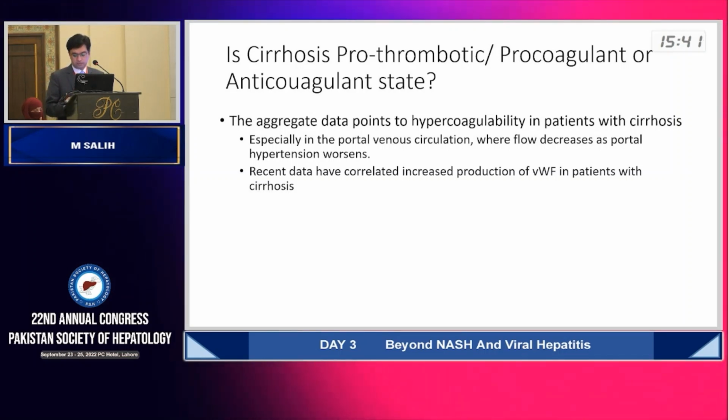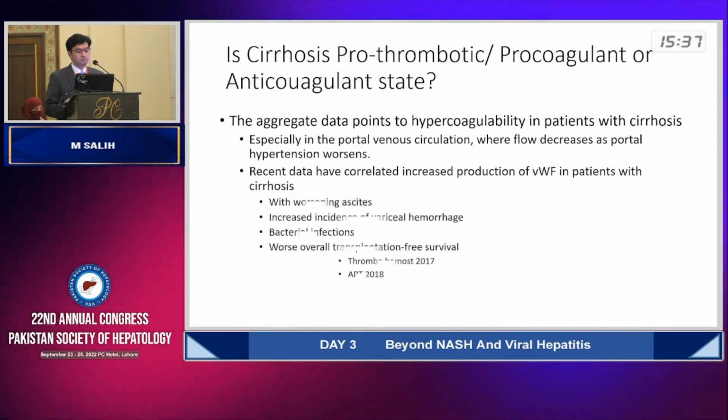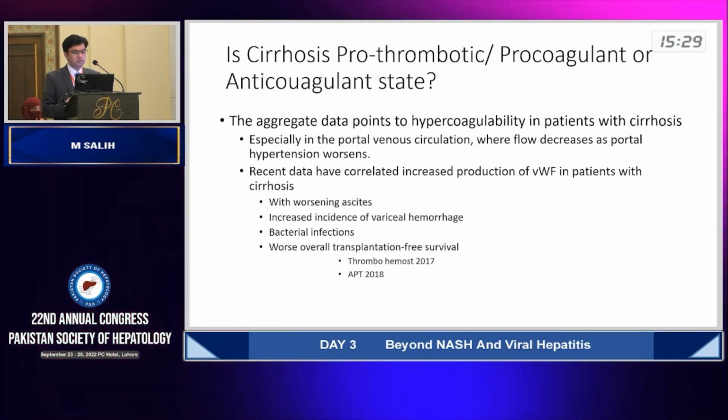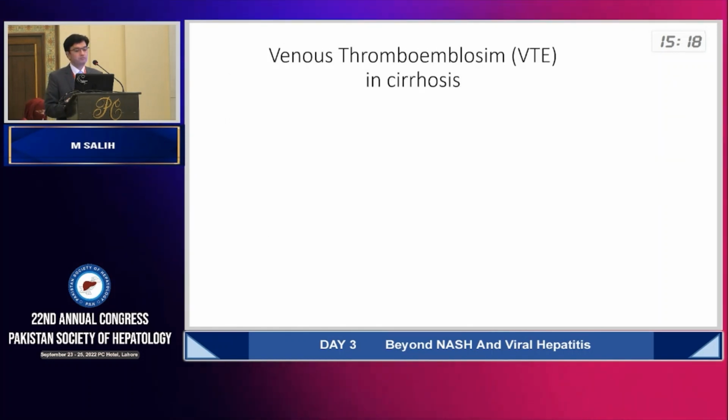In cirrhotic patients the endothelial-related factors are increased, more so when the portal hypertension worsens, as we see in worsening ascites, increased incidence of variceal hemorrhage or bacterial infections. All of these lead to decreased overall transplant-free survival rates.